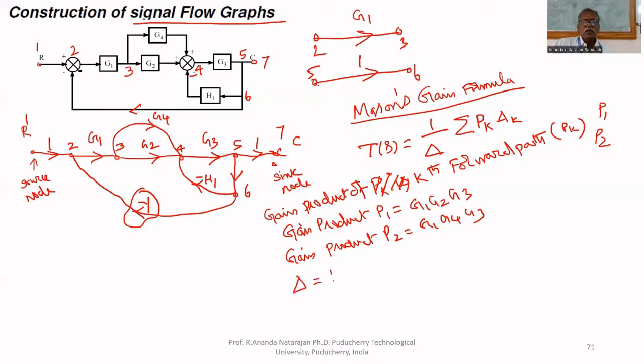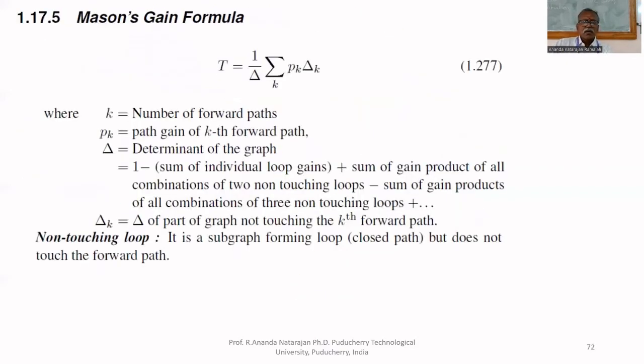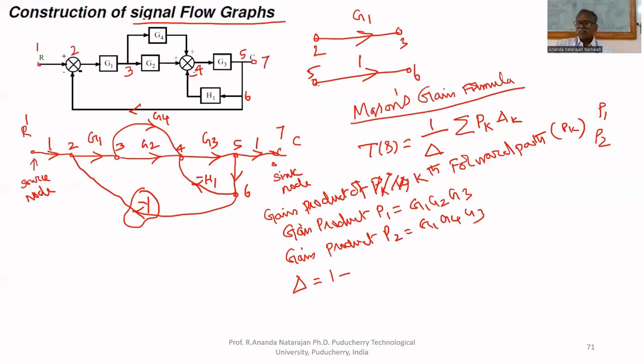What is delta? Delta is the determinant of the graph. If you know the definition, that is sufficient. Determinant of the graph delta equals 1 minus the sum of gain products of individual loops.